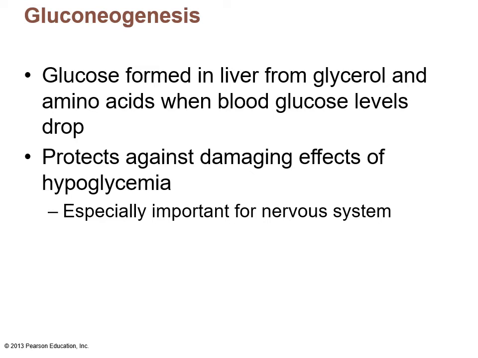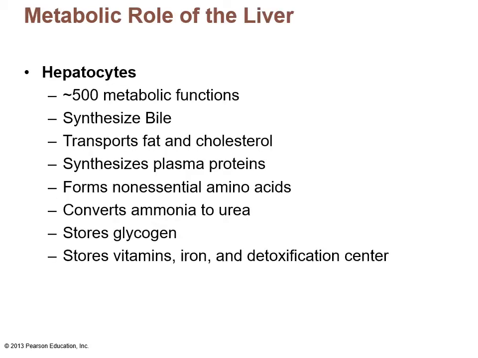And remember, because nervous tissue requires glucose, it's really important to make sure that you have enough glucose to drive the nervous system. So the liver, we talked about the liver in chapter 23, but there's a lot of functions. And actually these hepatocytes, they have over 500 metabolic functions. Synthesizing bile.